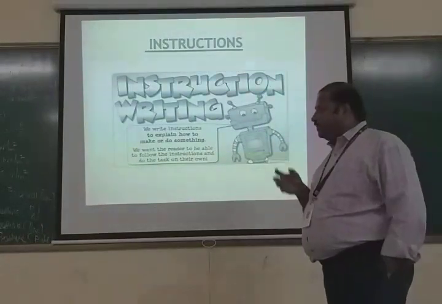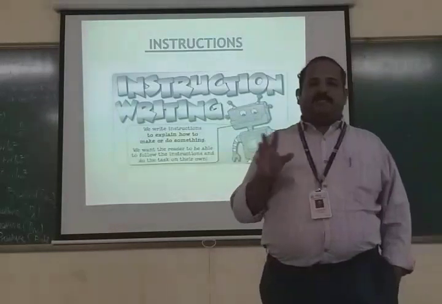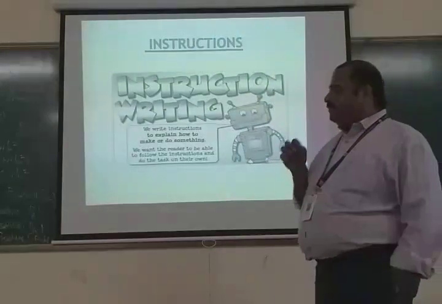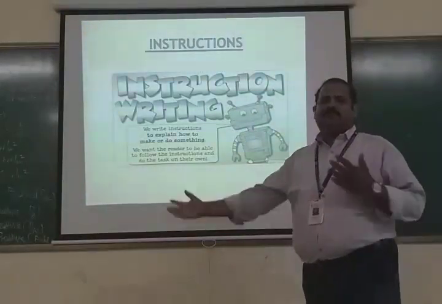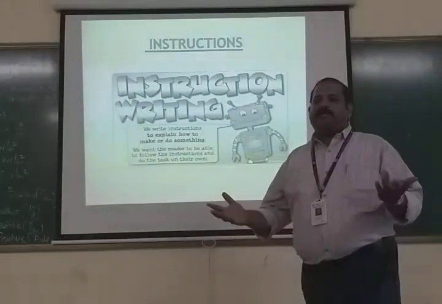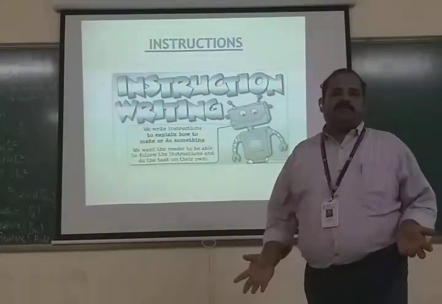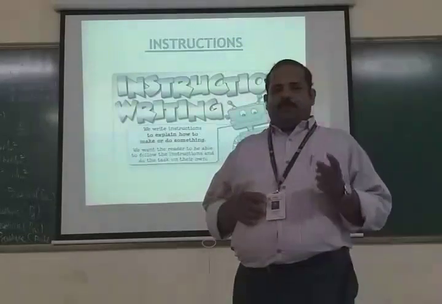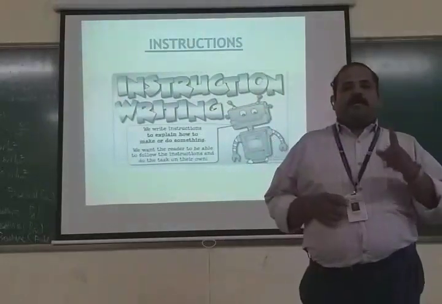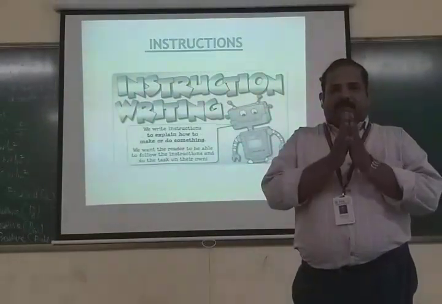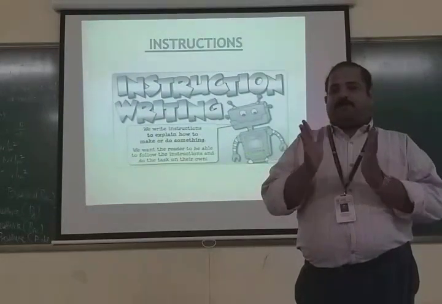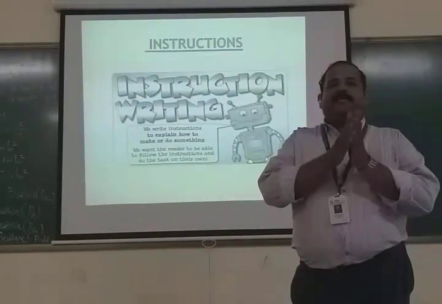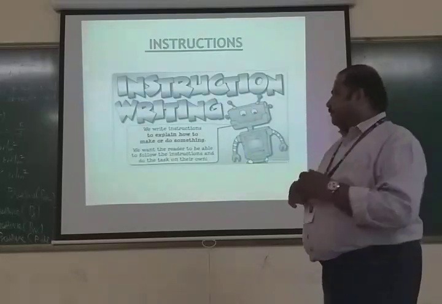The third one: whether we have used a simple sentence. Simple sentence means a single sentence. We should not connect two or more sentences in the same format. That is entirely wrong. We have to give only one sentence with one imperative in the initial part of the sentence.